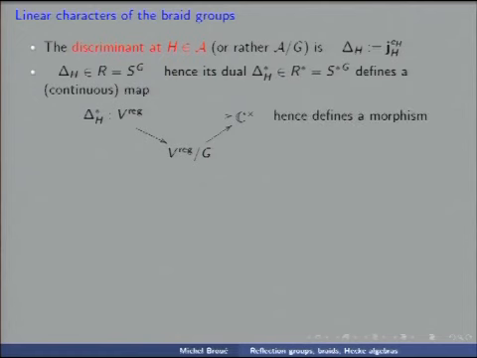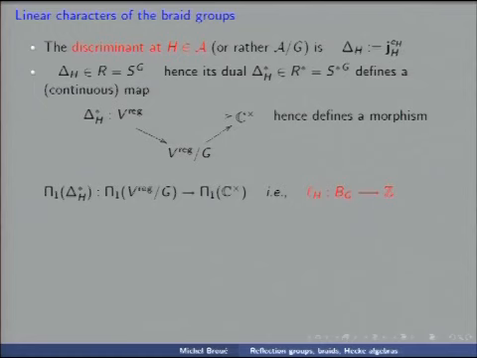So if I take the pi 1, I get a group morphism from the pi 1 of Vreg mod G into the pi 1 of C star, which is Z. In other words, I get a function, which I call LH, the same function, from the braid group into Z. And I call it LH because it's the length, as you'll see in a minute.